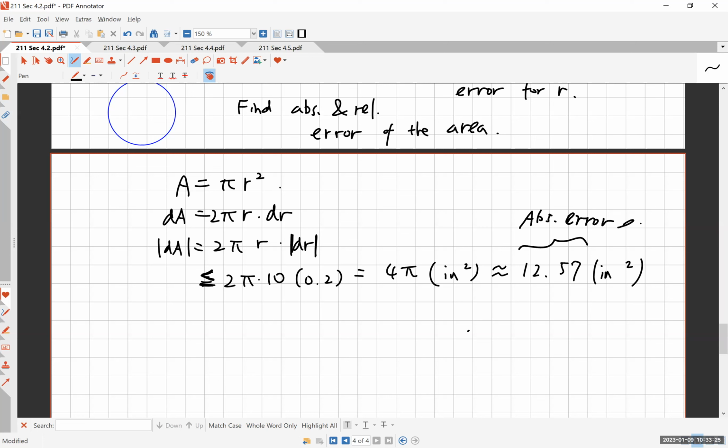Now the relative error estimate is always dA over A. And what is dA? It's 2 pi r dr over A, which is pi r squared. Now first you can cancel, and so you get 2 and then dr over r.